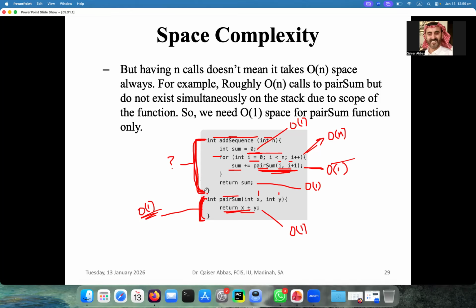What is the reason that order of n is the complexity of this add sequence? What is the reason? Due to this loop. This loop is executing n times.